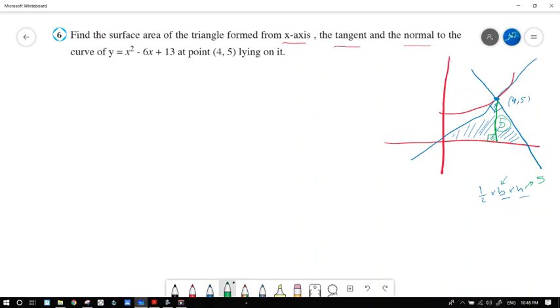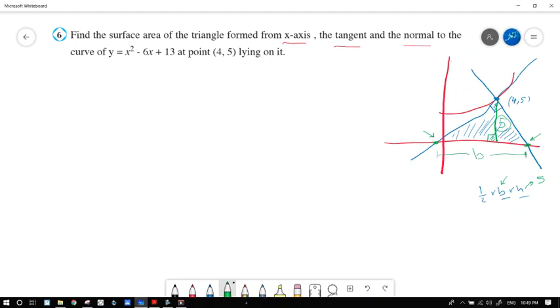Now I need to find the length of the base. So we have to concentrate to find the length of this base. And to find the length of this base, you have to find the point of intersection with x-axis of the normal and of the tangent. So we need to know this point and this point to know the distance between them.